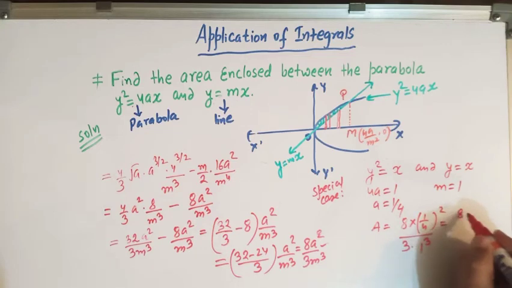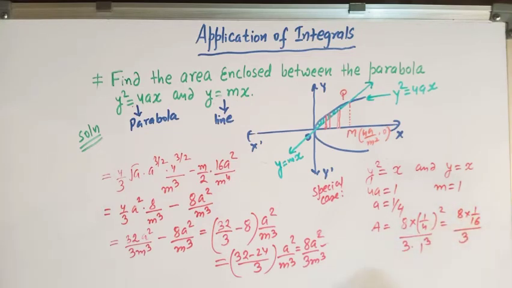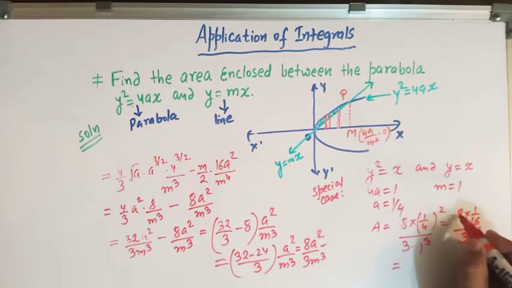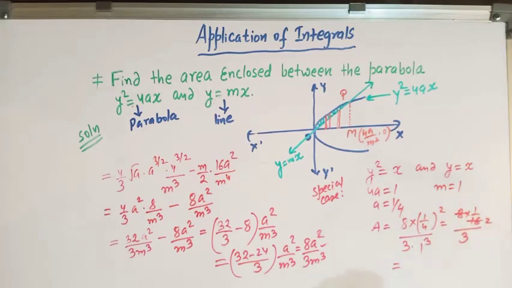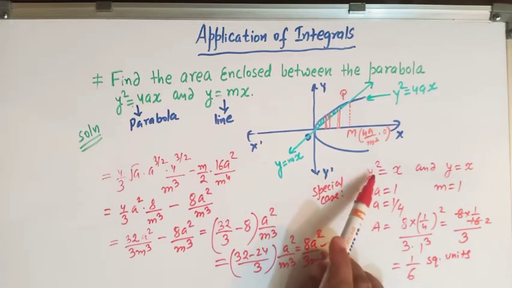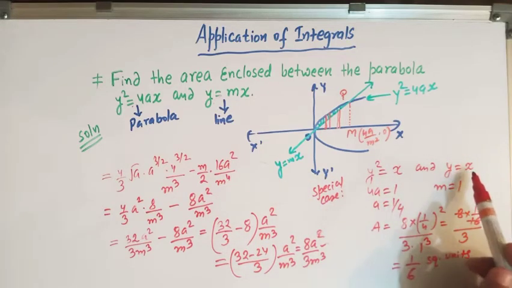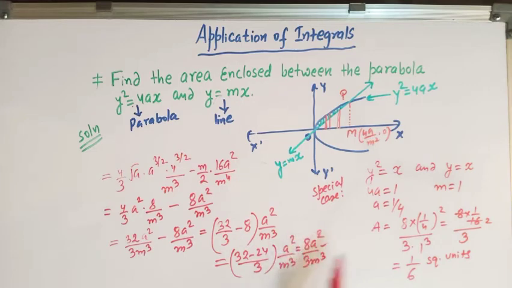So this is 8 multiplied 1 by 16, and this is 3. So this is 8 2s are 16, and we have 1 over 6 square units. So the area enclosed between this parabola and this line can be calculated as 1 by 6.